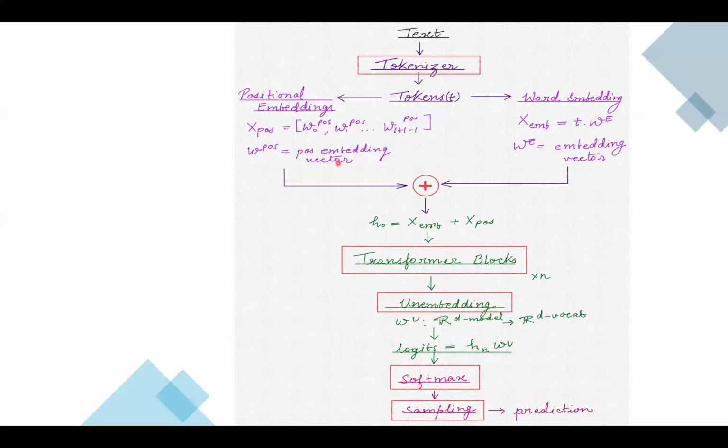For each position, there is a fixed positional embedding that has already been pre-generated and kept in this WPOS matrix, with a dimension of D context multiplied by D embedding. Based on the length of your token sequence, which is T here, you will choose the first T positional embeddings and then concatenate them with the word embedding.